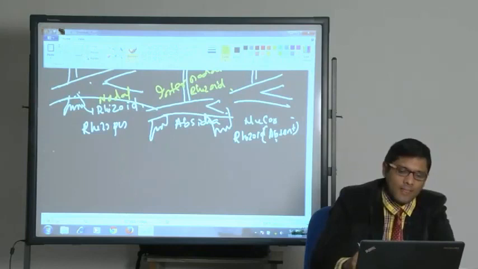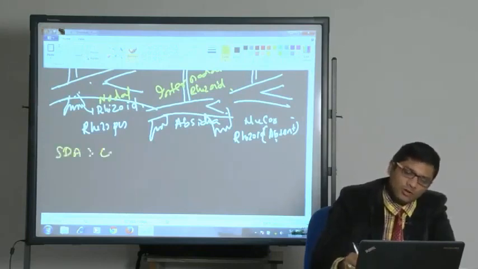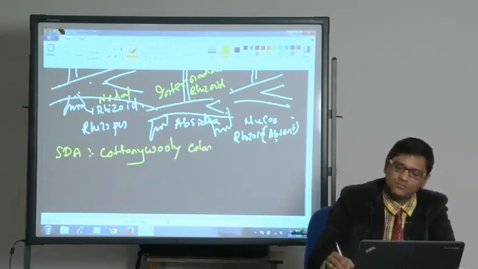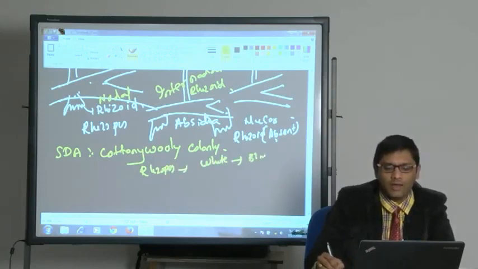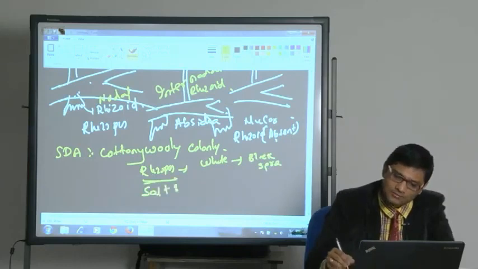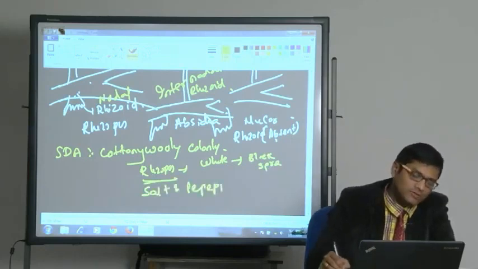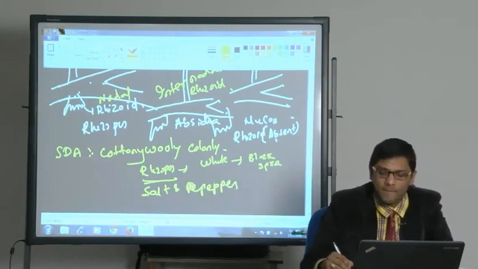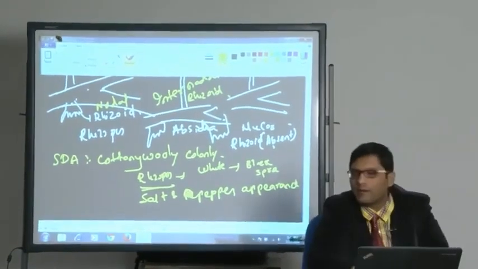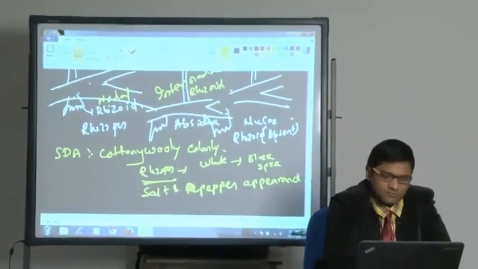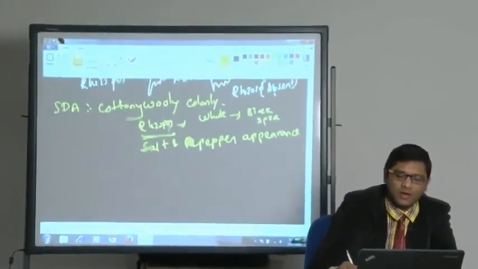On SDA they produce a cottony woolly colony. In Rhizopus, first the colony will be white, later on black spots will appear, and that gives rise to a salt and pepper appearance. Cottony woolly colony with salt and pepper appearance. Okay, so this is all about SDA appearance.